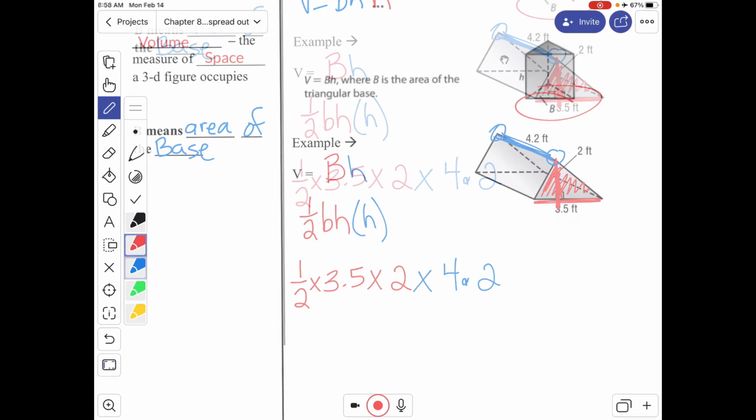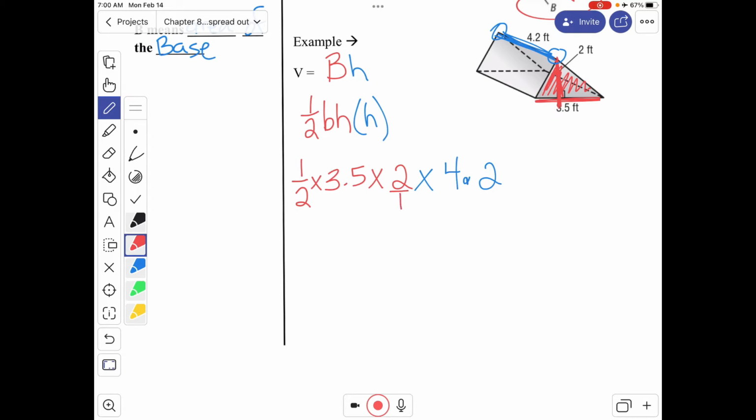And then we just need to work it out. I'm going to put a 1 underneath that 2, because I noticed I could cancel the 2's. And then I'm just left with 3.5 times 4.2. Remember, you're working this out on your paper.